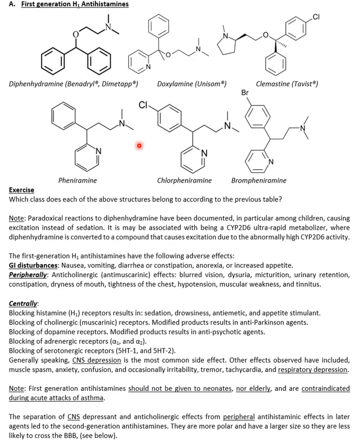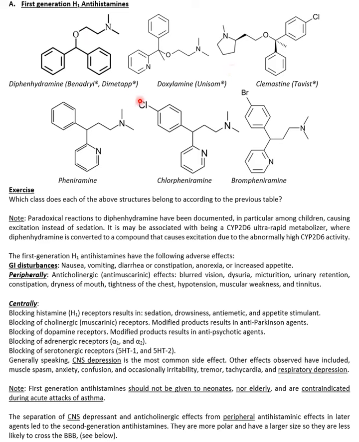Okay, so like we said, there are 2 generations of the H1 antihistamines. The first generation you have these examples of. So try as an exercise to map each one of these molecules into its class. See what is the connecting group here and which class does each one of these belong to.